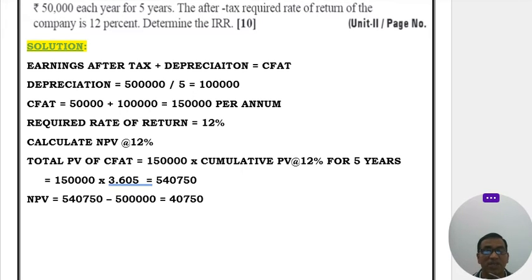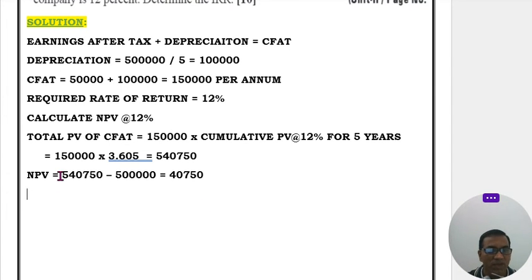What is that other rate of return? Maybe more than 12%, less than 12%. How will I decide? See here. IRR is the rate of return where total PV of CFAT is equal to cash outflow. This 540,750 should become 500,000.